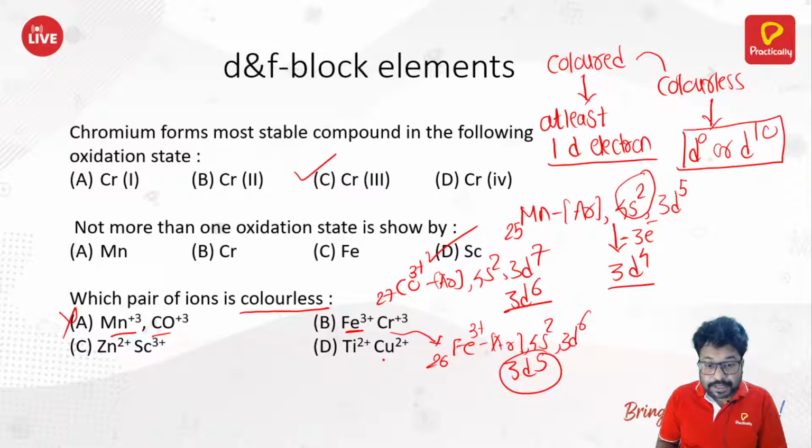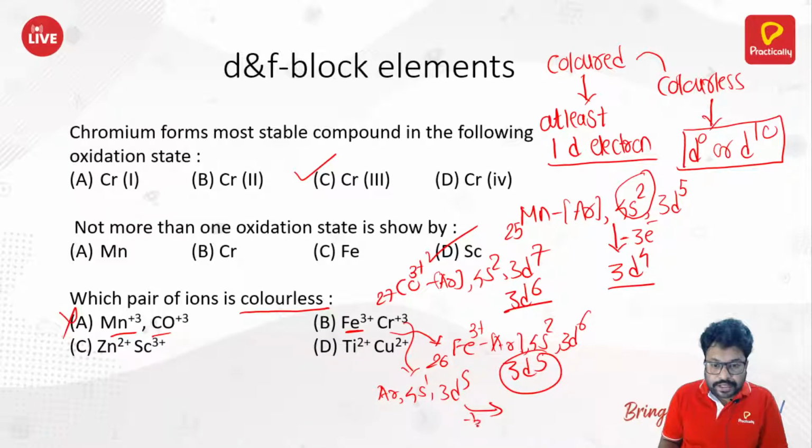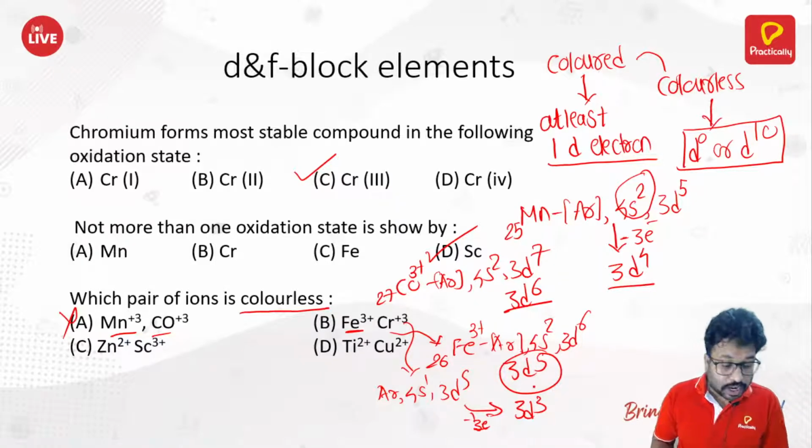Then you got Cr3+. Cr is argon 4s1 3d5. You remove 3 electrons, 1 from s and 2 from d. So you got a 3d3 system, which obviously has d electrons. That also can't be colorless. So both A and B are gone.